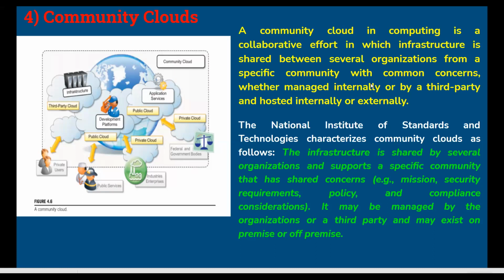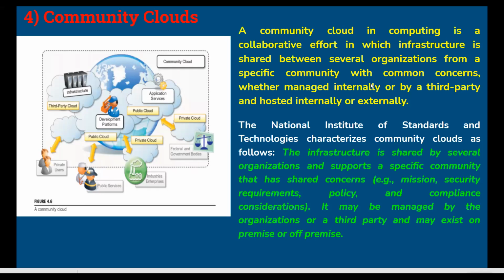Okay. So basically, these are the clouds which have main concerns that they have to be managed internally, or managed by a third party, or hosted internally or externally. So important here is to know that community cloud simply refers to where the infrastructure is going to be shared across different organizations, where the requirements are the same.